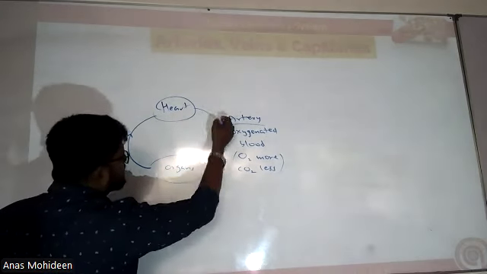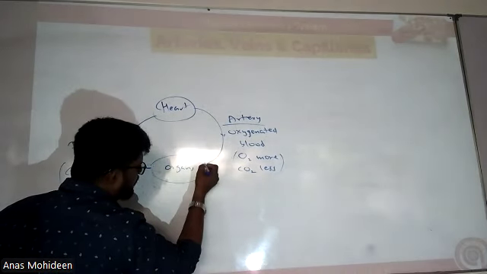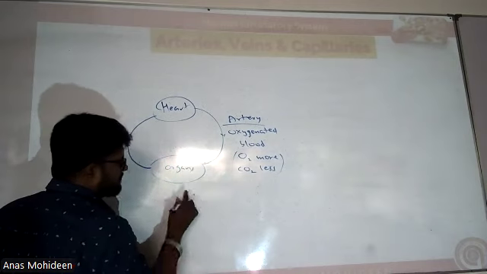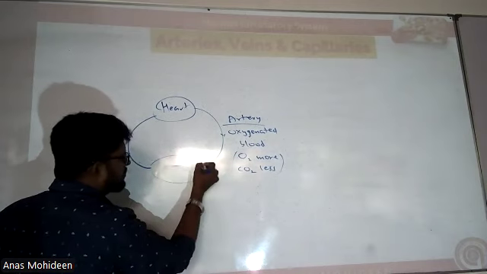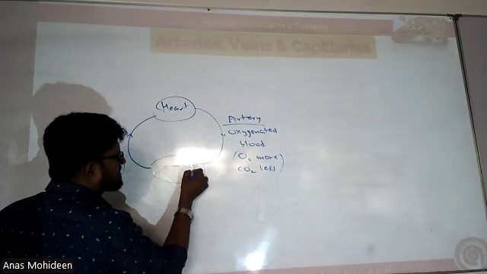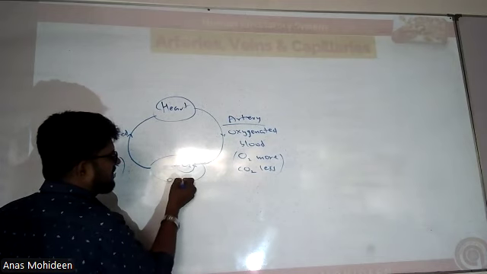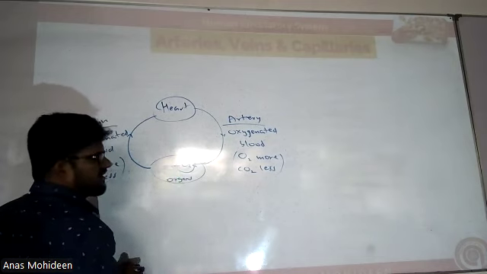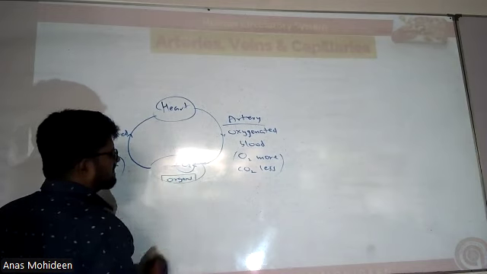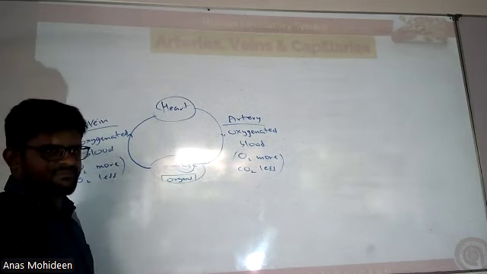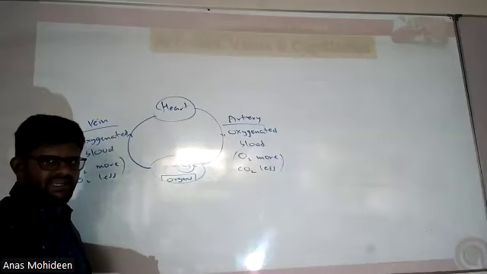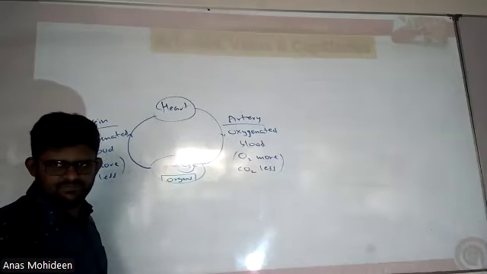So the artery comes with oxygen and provides oxygen to the organs, to the cells. And in organs, in cells, in tissues, cellular respiration happens.